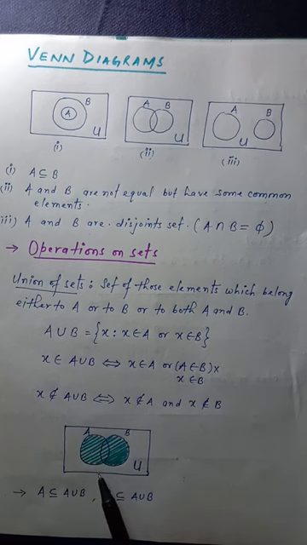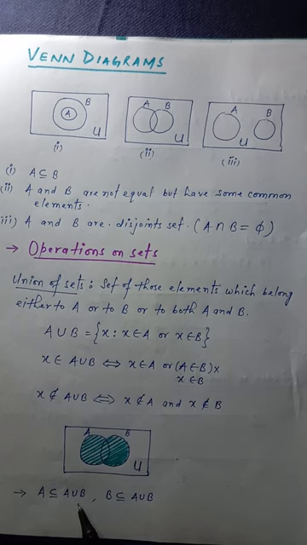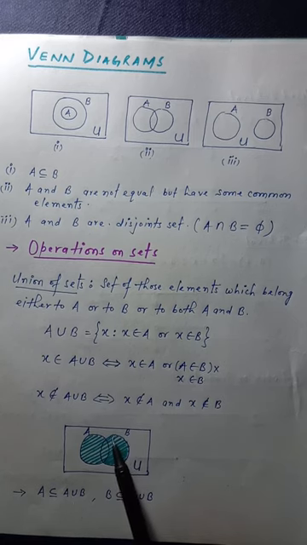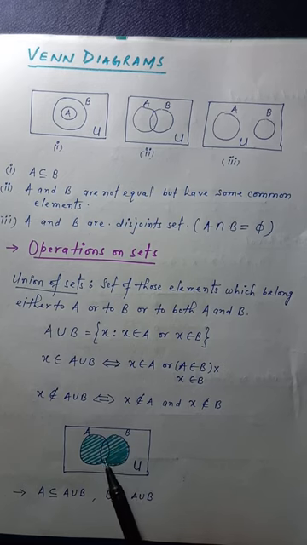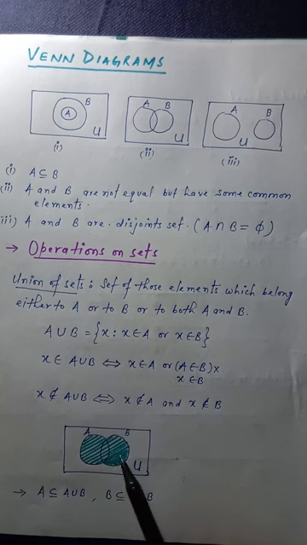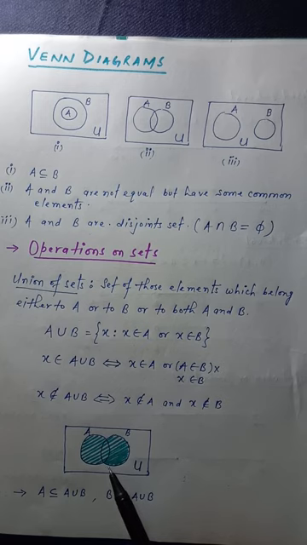So easily we can say that A is always a subset of A union B, and you must remember this fact also. And similarly we can say B is also a subset of A union B, because B is part of A union B.